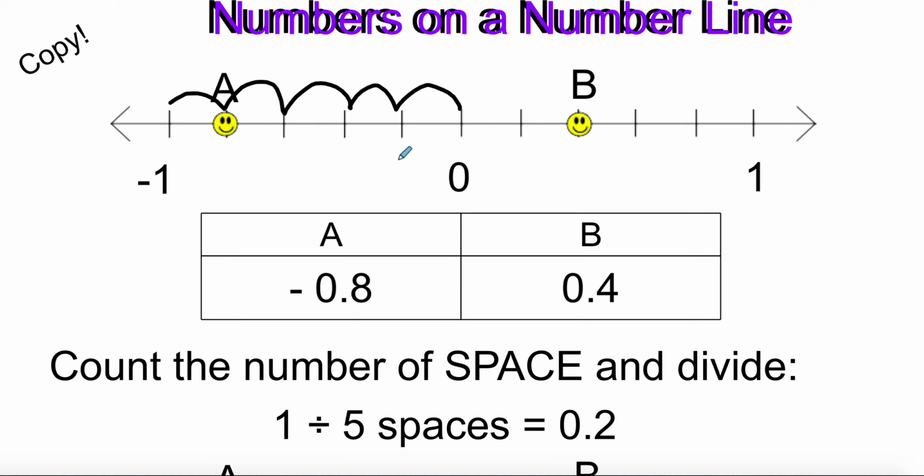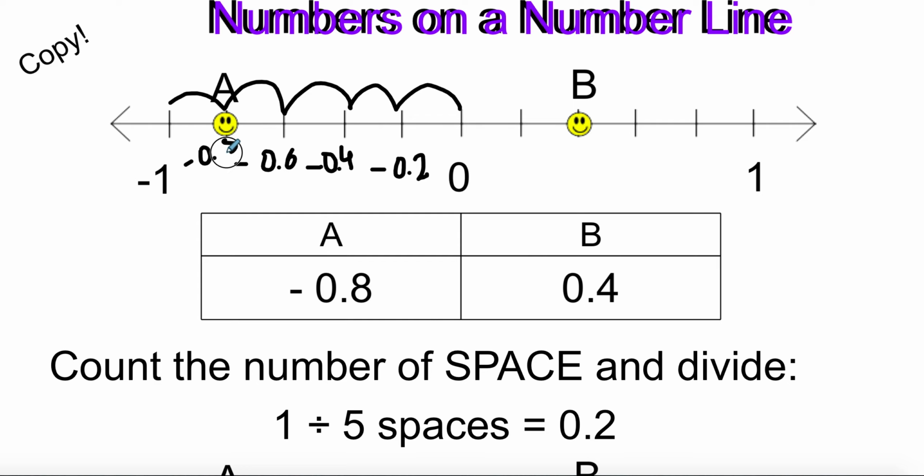So on the negative side, we have negative 0.2, negative 0.4, negative 0.6, and the last one is negative 0.8.